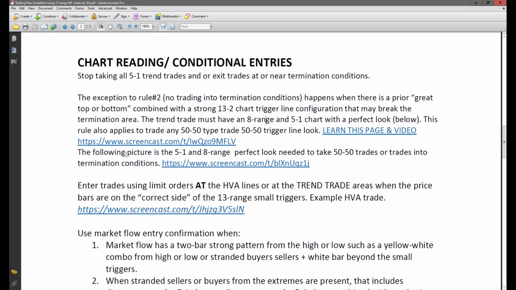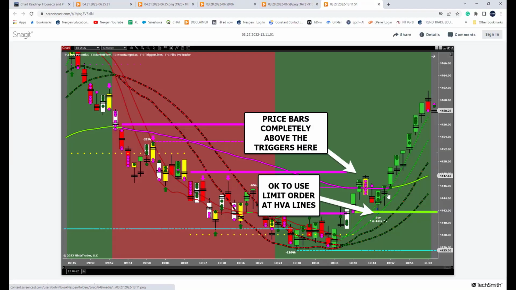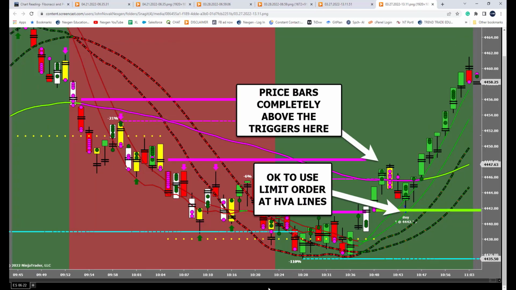Now, entering trades at the area. Here's the whole shooting match. Are you ready? If the price bars are completely above all of your strong triggers going up, have the courage to place your order at the area, close your eyes, and hope for the best.